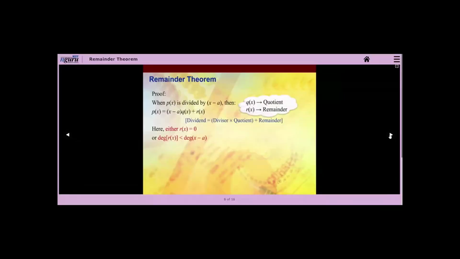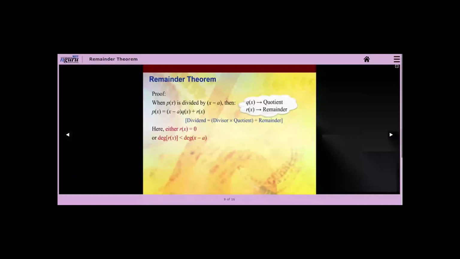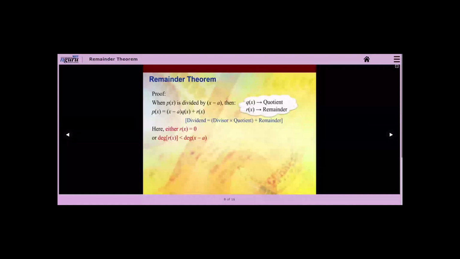We know that when the polynomial P of x is divided by x minus a, then P of x can be written as the product of divisor x minus a and the quotient Q of x plus the remainder R of x, where either the remainder can be equal to 0 or the degree of the remainder must be less than the degree of the divisor.